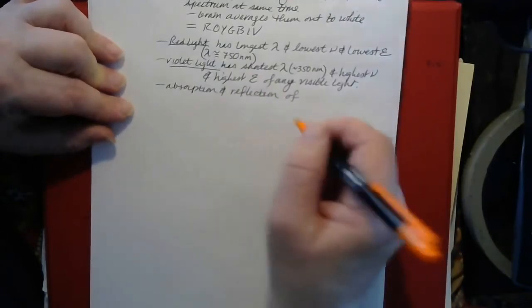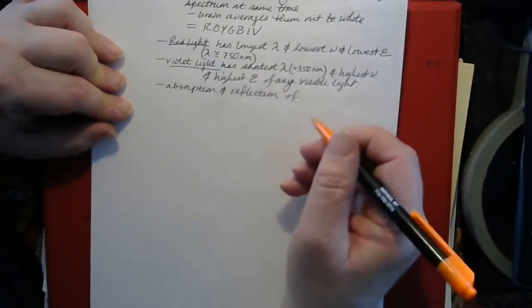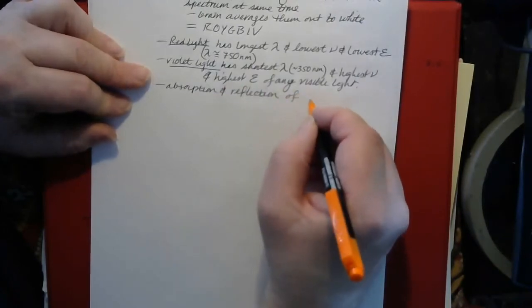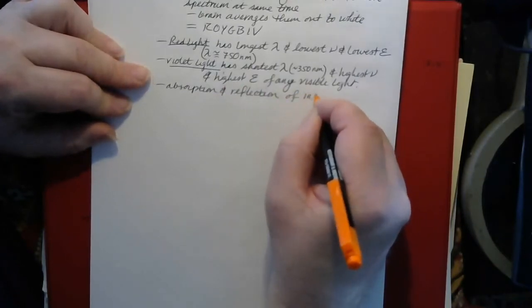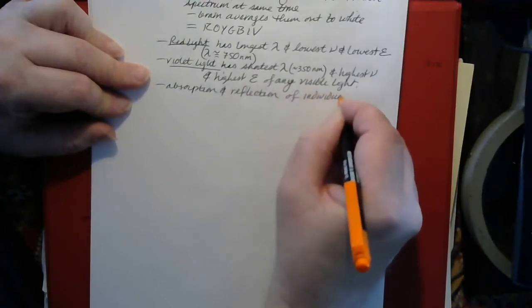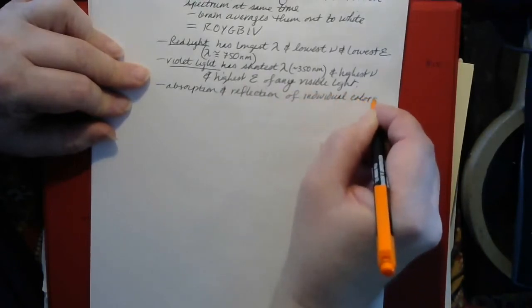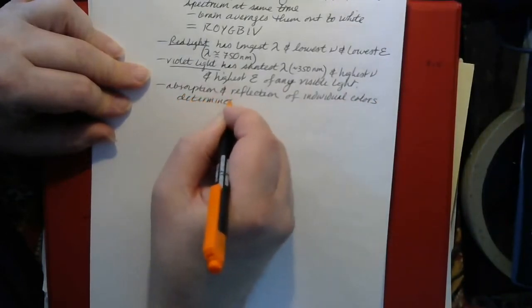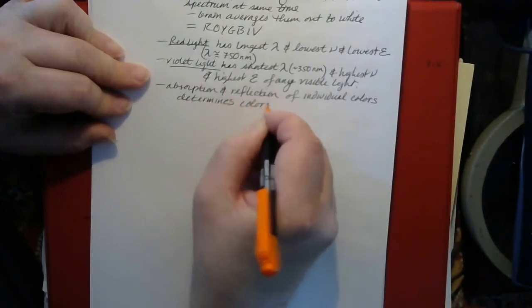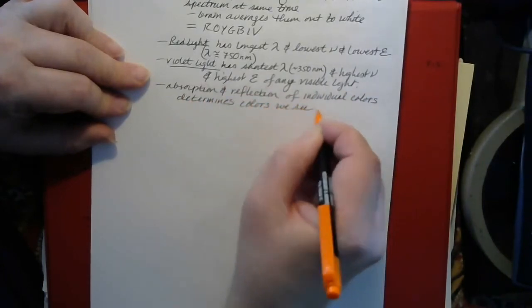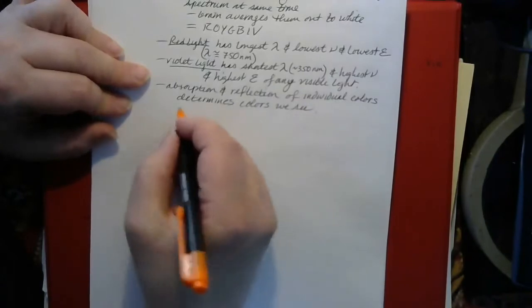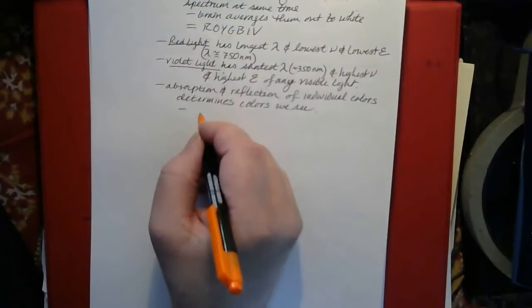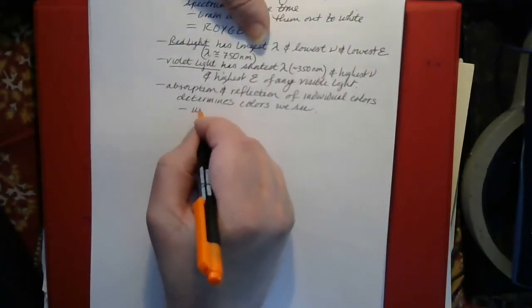Determining what colors we see when we look at objects is really based on the absorption and reflection of individual colors. We see colors that are reflected, not absorbed.